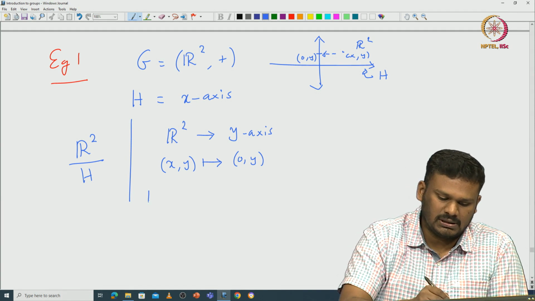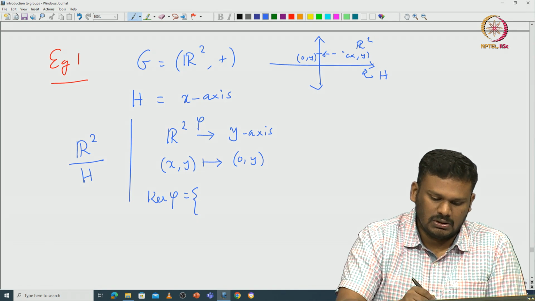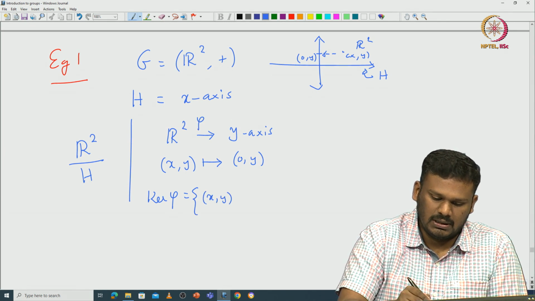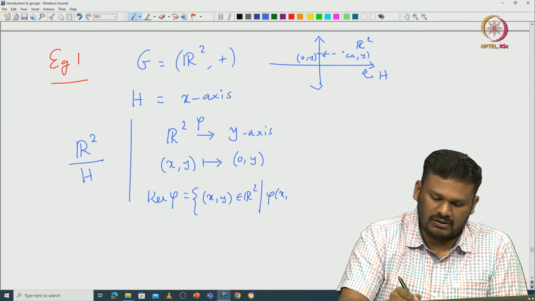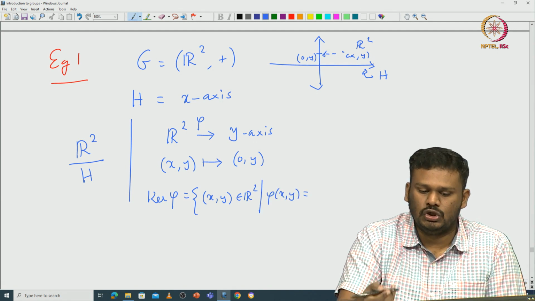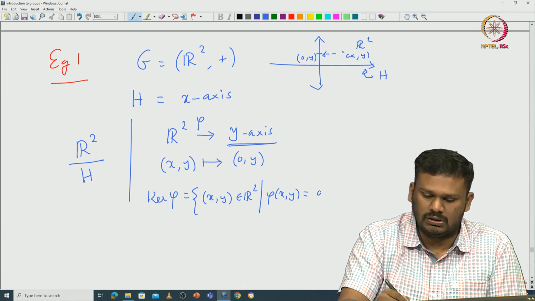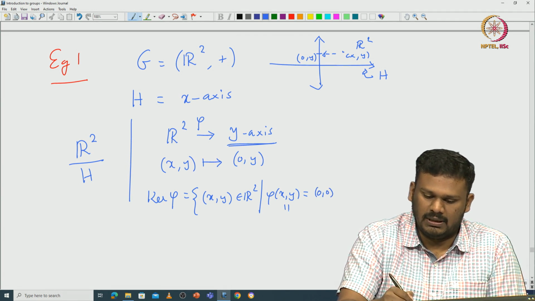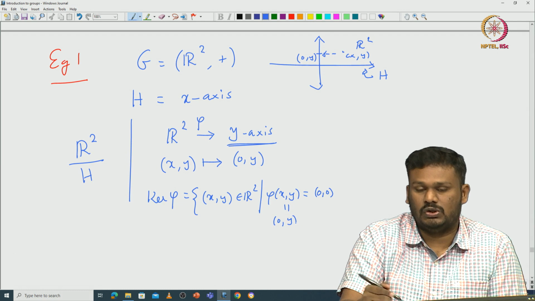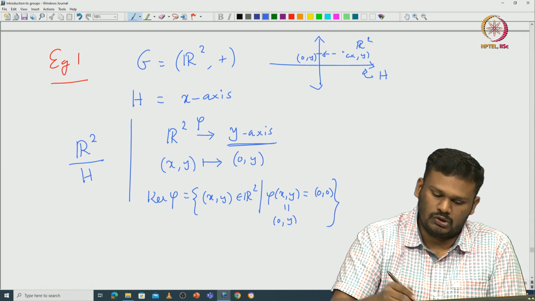Okay. So then what is the kernel of this map? The kernel of this map, let us call it phi, is those (x,y) in R2 such that phi of (x,y) is 0 in your y axis. The 0 in the y axis subgroup is just (0,0). So (0,y) should be (0,0), that means y should be 0.